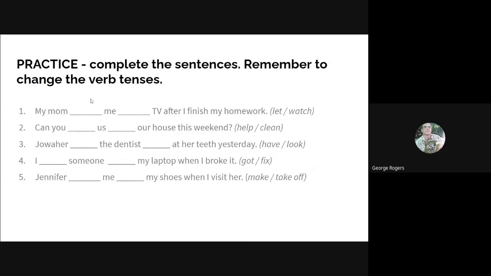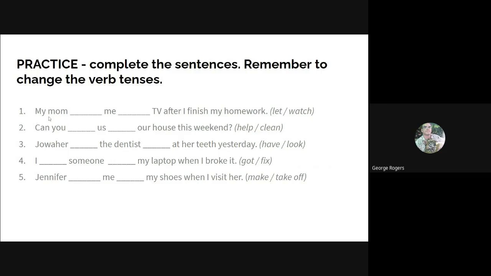Here we have some more practice. So again, complete the sentences. Remember to change the verb tense if you need it. My mother blank me blank TV after I finish my homework. Okay.